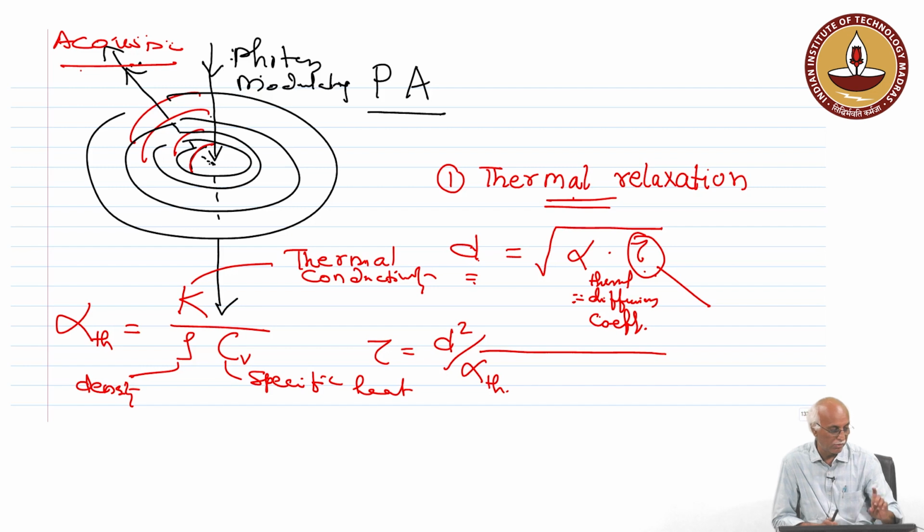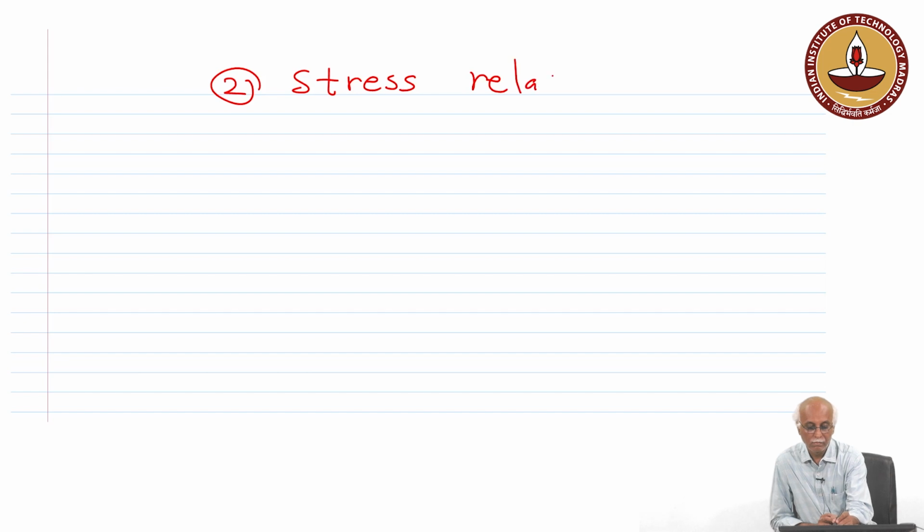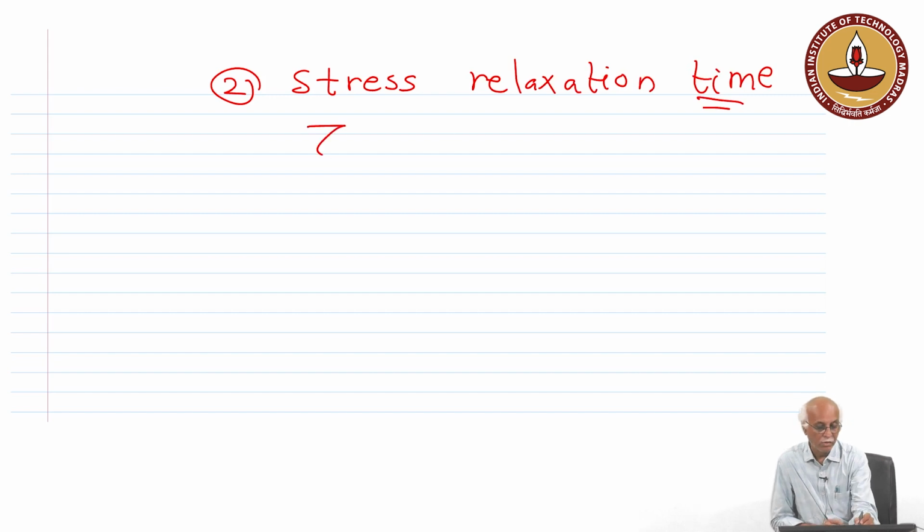and it can be estimated using this approximation. And there is one more parameter, which is stress relaxation time. This stress relaxation time, tau s, is given by this heated region, d, divided by the sound velocity, the sound speed.